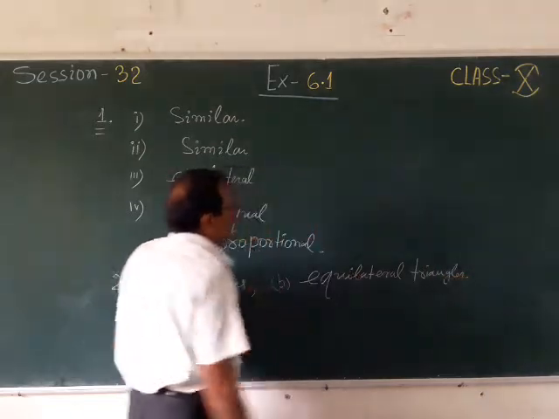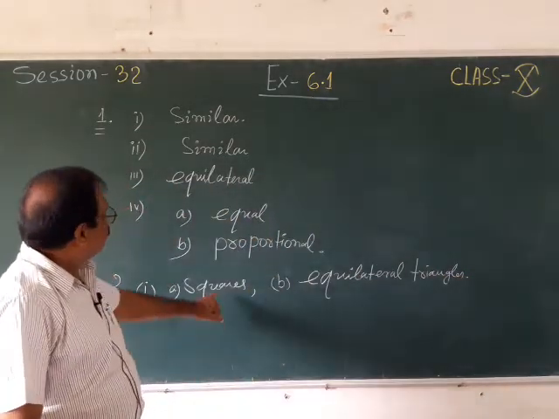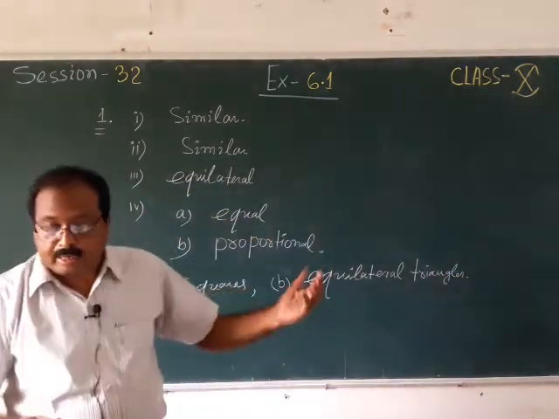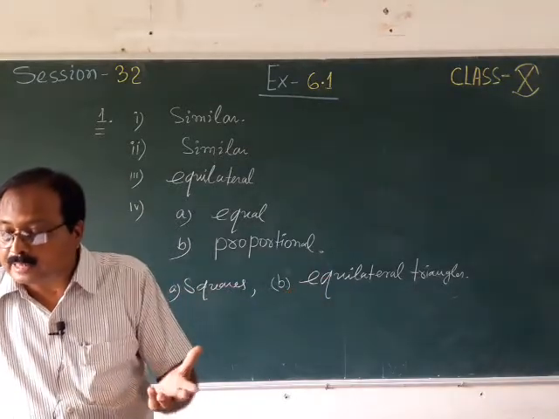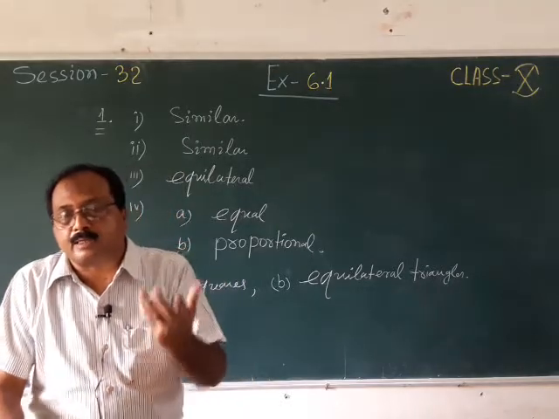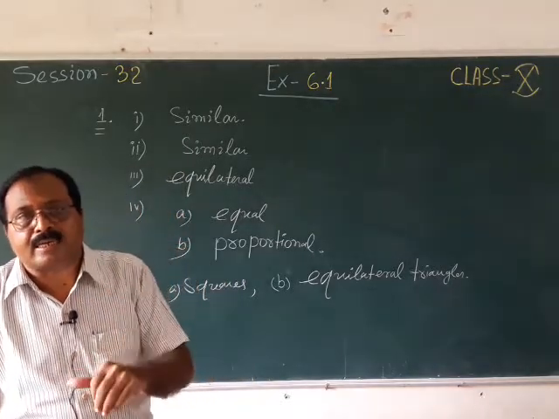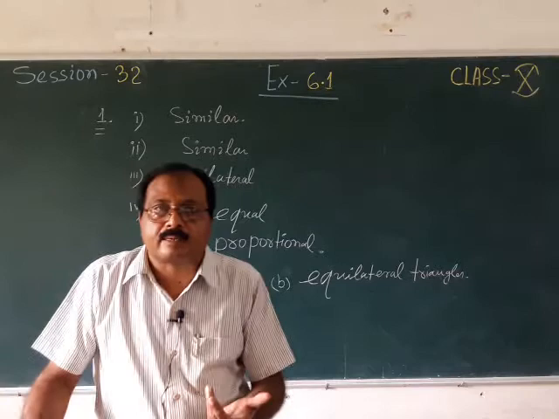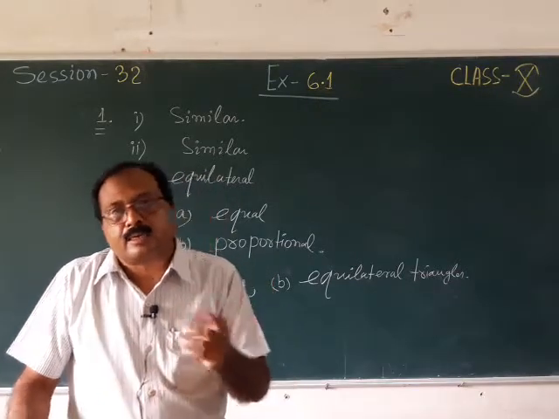These 2 figures you can take, squares, or you can also write regular hexagon. A hexagon has 6 sides, and if you are talking about a regular hexagon, it can be any size.